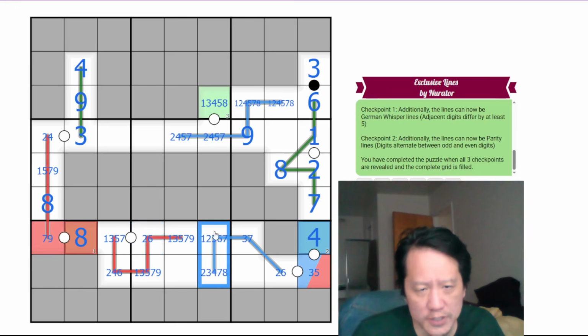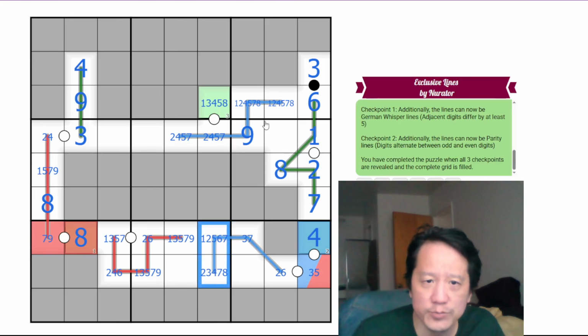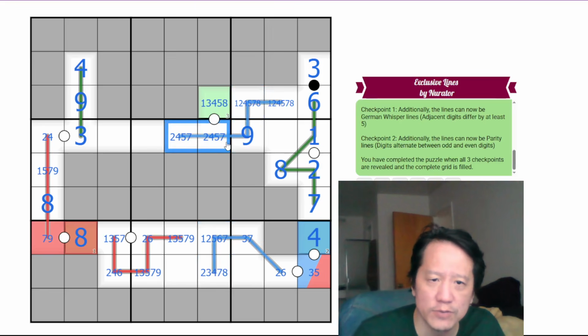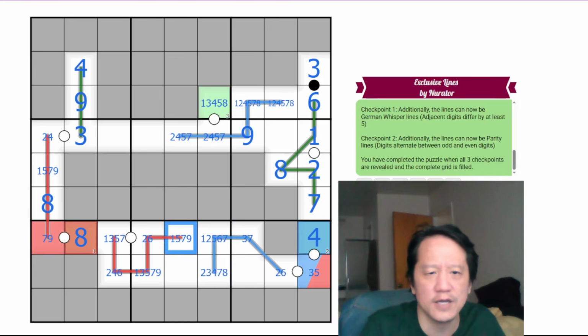We are guaranteed one of these is 3 or 6, because we don't have a 3, 6 available on the rest of the region sum lines. So either this is 3 and that's 6, or this is 3 and that's 6. So these 3's both see this cell, so this can't be 3.